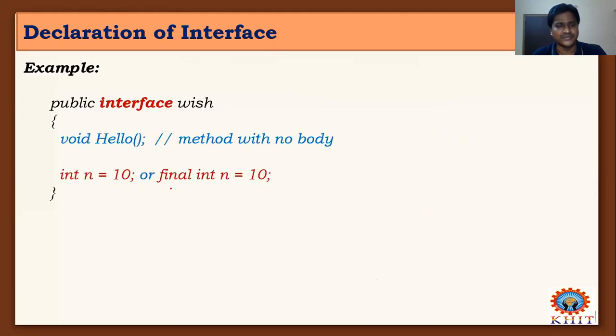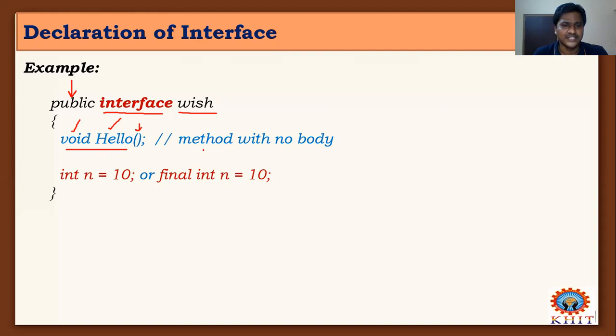This is an example of declaration of an interface. Here the interface name is wish, and the access specifier of this interface is public. Interface is the keyword used to create an interface. Next, if you observe here, one method is defined with type specified and method name followed by parameter list and a semicolon.